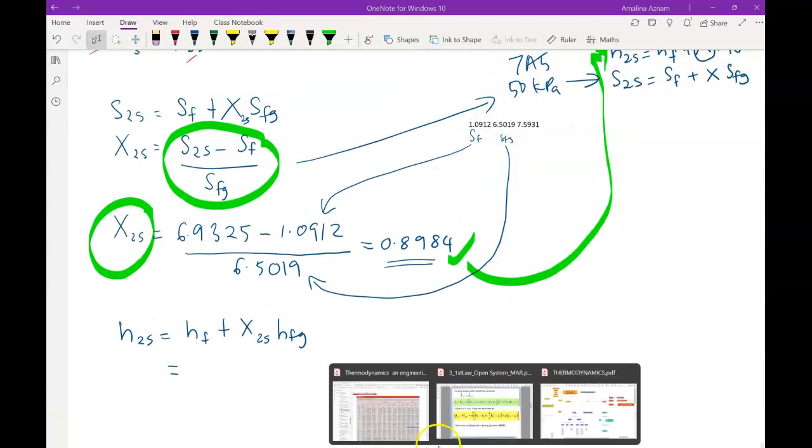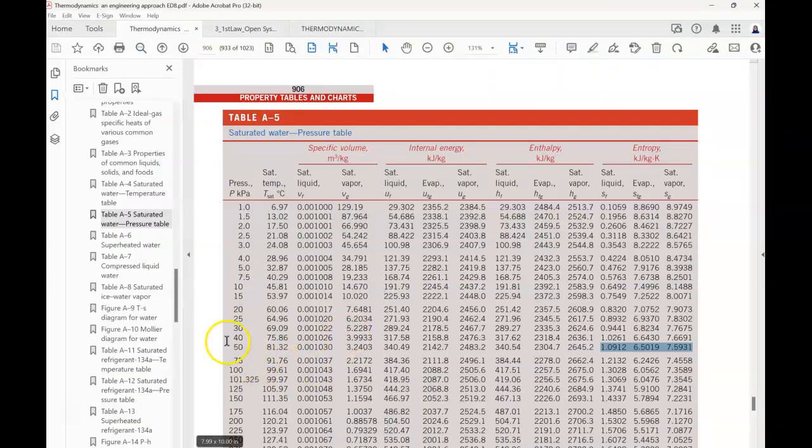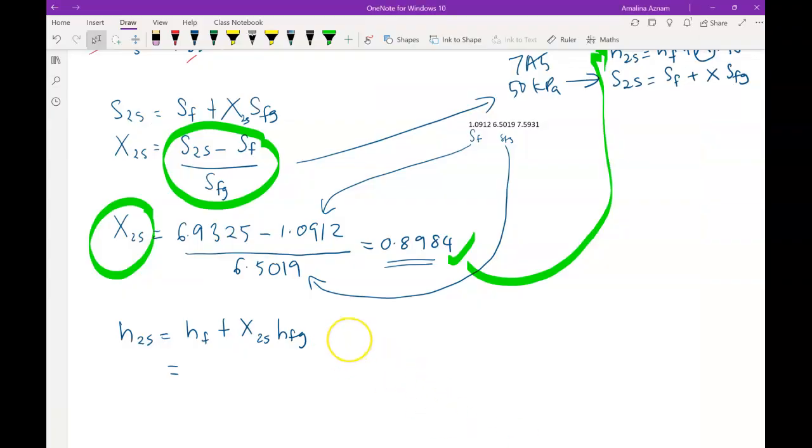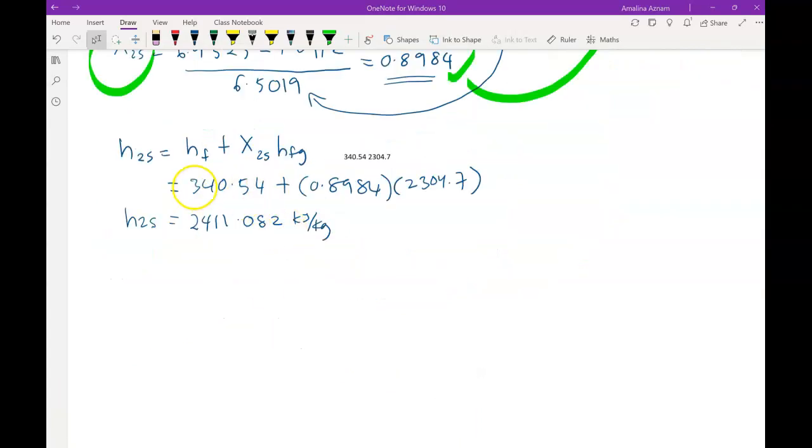So let's go to our property table over here. At 50 kilopascal, the value of your hf and hfg is this one, and we copy it into our notes here. And let's finish the mathematical expressions. All the values over here will give you h2s.